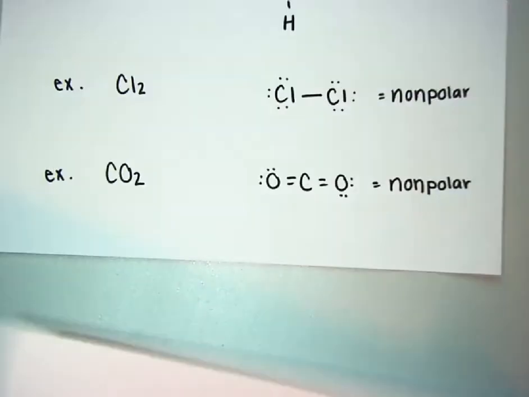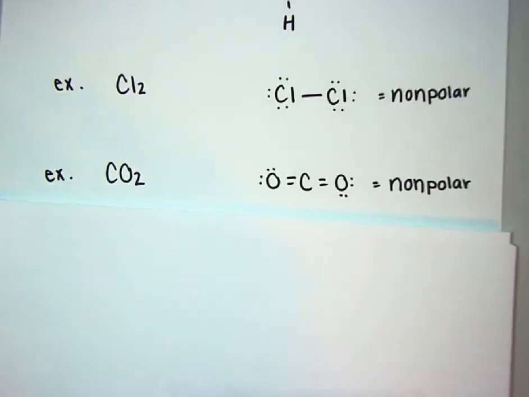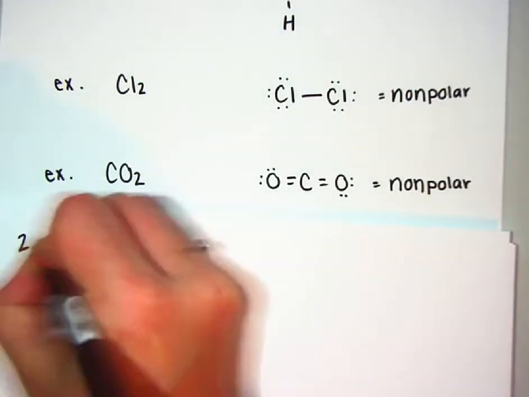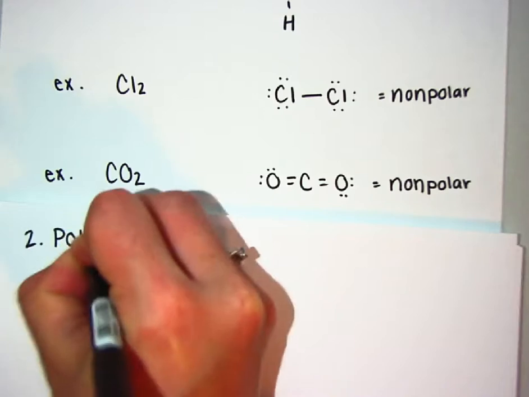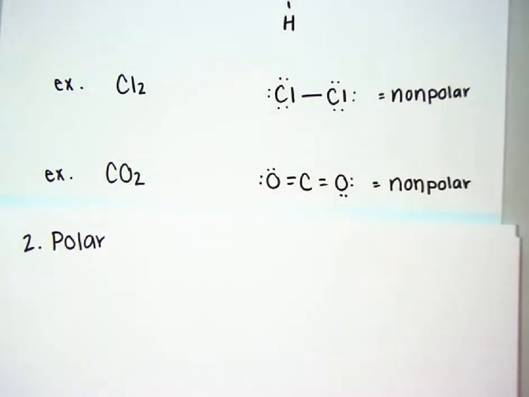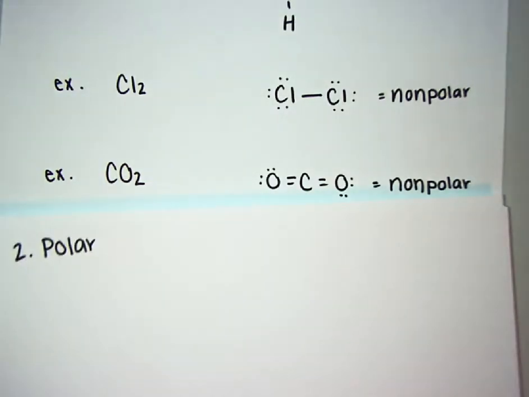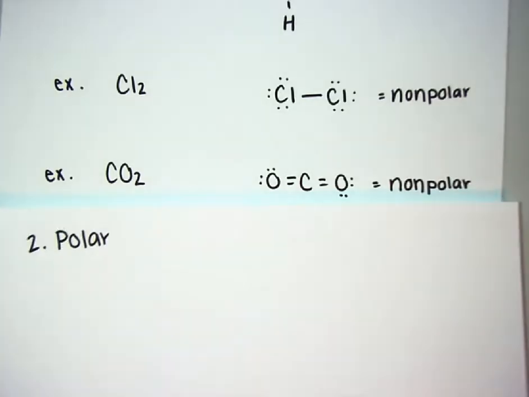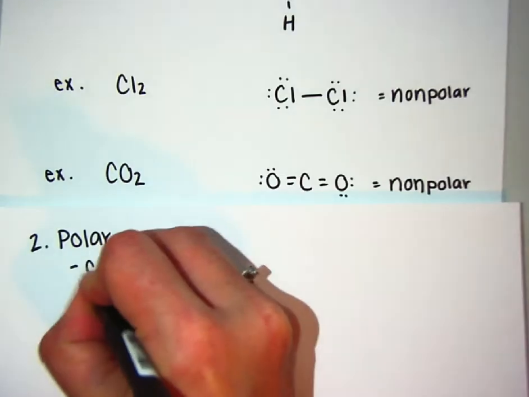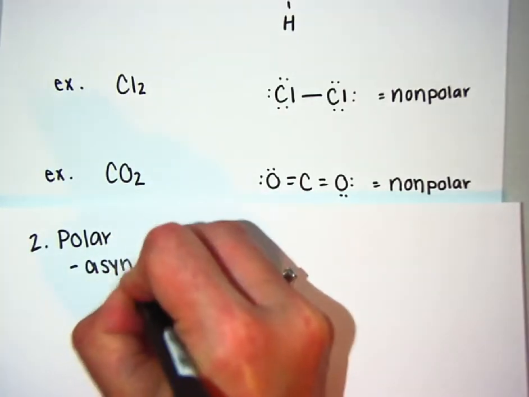So we can have non-polar molecules. We can also have polar molecules. There are two ways that a molecule could be polar. It can be asymmetrical.